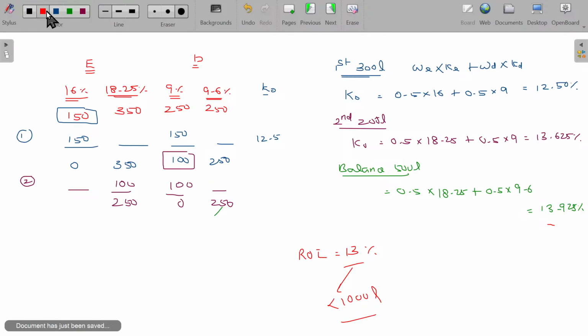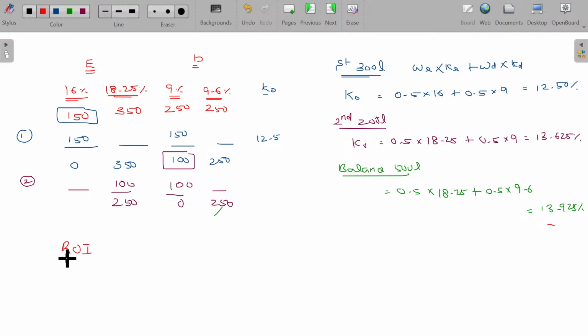How can you add up all the six? In this case, if the ROI of the project is 13 percent and the fund requirement is less than or equal to 300 lakhs, 300 lakhs can be raised at a cost of 12.5. We can accept.